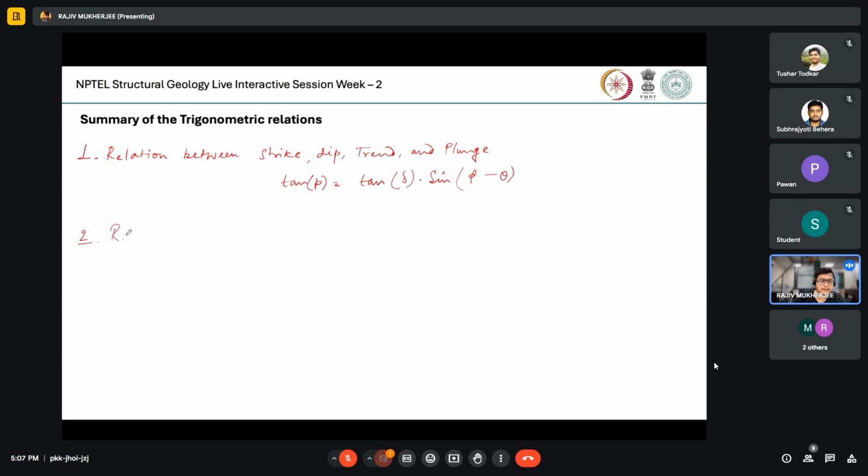Second is the relation between strike, dip, pitch and trend.